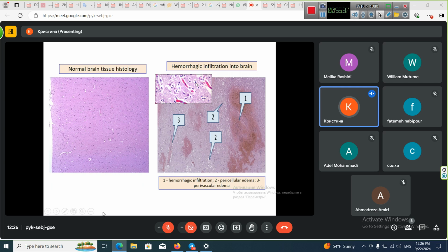This white space actually is filled with fluid, which we will call pericellular edema. Pericellular edema, fluid around the cells. Here you see blood vessels, blood capillaries, and around them also white spaces. They are perivascular edema.